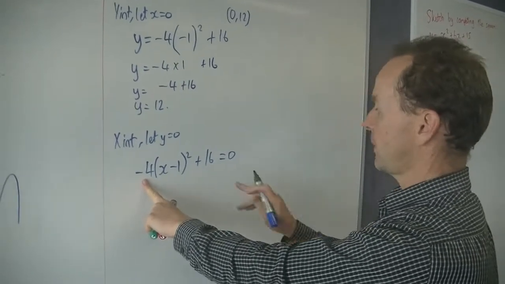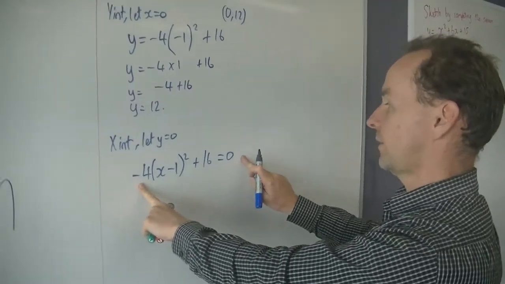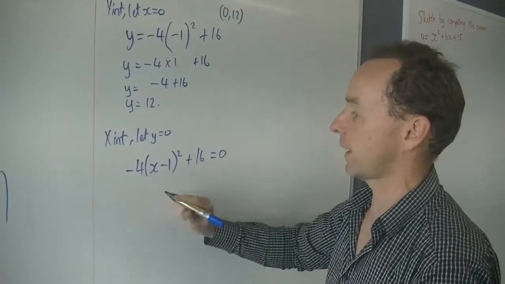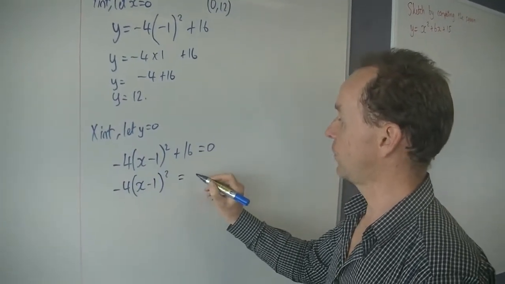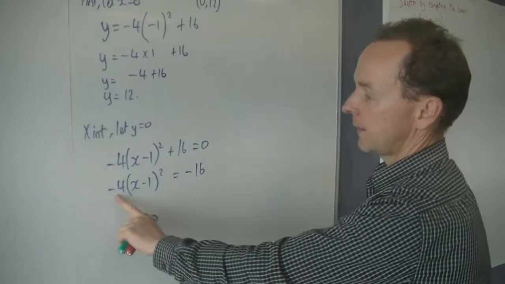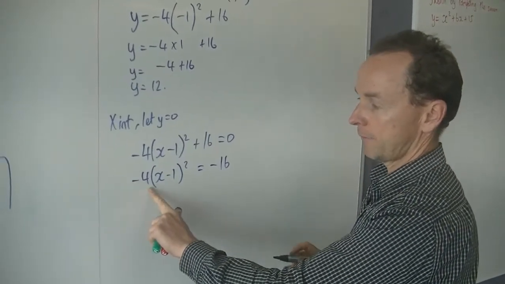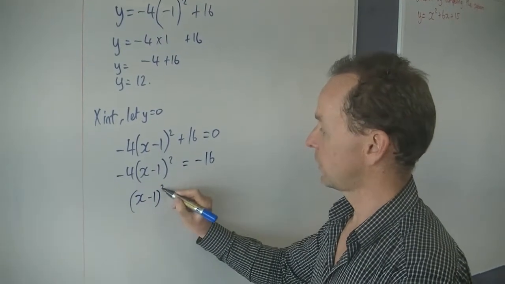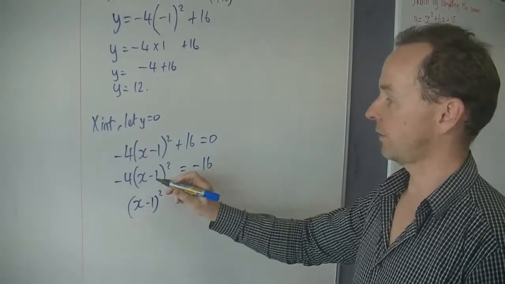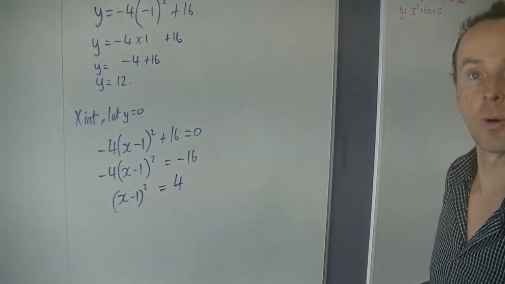If you wanted to get the 16 to this side, that's one way to do it. So we've got negative 4 (x minus 1) squared equals negative 16. Now we could divide both sides by negative 4, so we get (x minus 1) squared equals negative 16 divided by negative 4, which is positive 4.